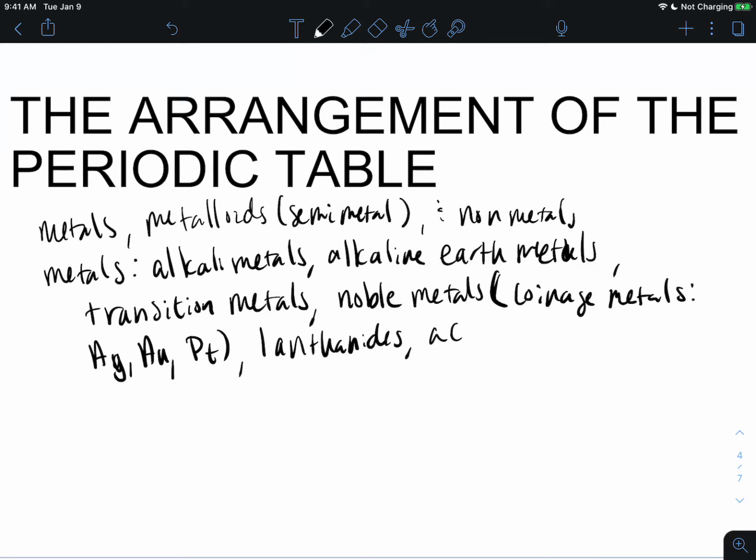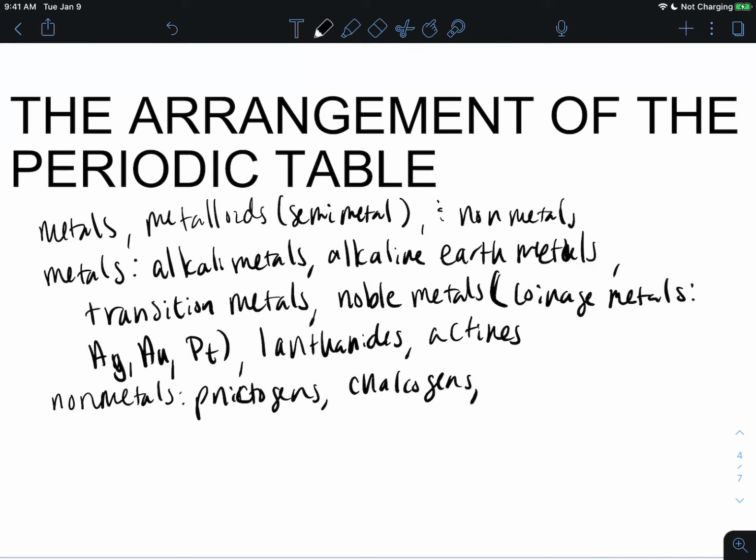And then we have lanthanides and actinides. Then our nonmetals, we have pnictogens, we have chalcogens, halogens, and noble gases.